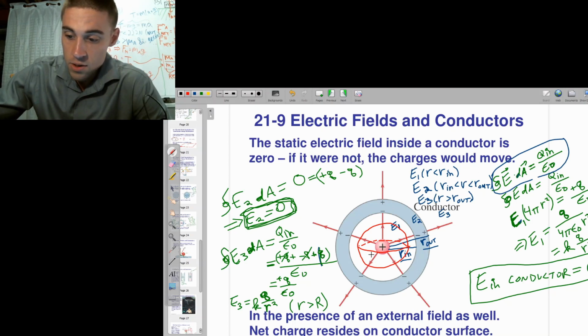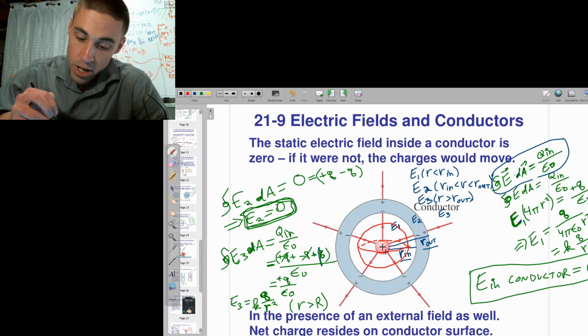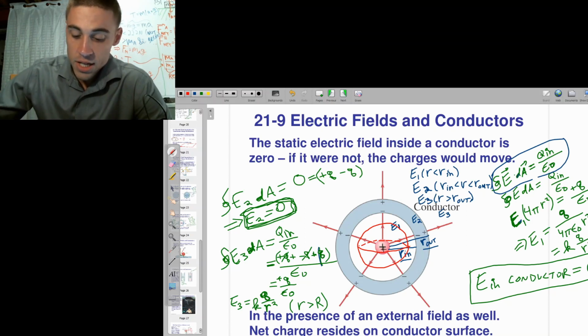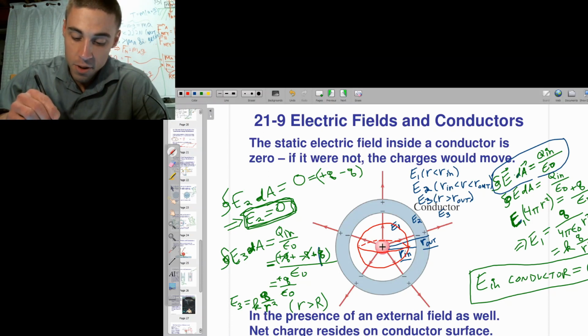So if we integrate E dot dA surrounding this positive charge, well, we know that electric field lines point straight out from positive charges, and we know that so long as we choose our Gaussian surface properly, which we will, we'll choose it to be right with the positive charge right at the center there, then at every distance, so long at all points such that the distance is the same from that positive charge, the electric field will be pointing radially outward, and it will have the exact same magnitude, right?